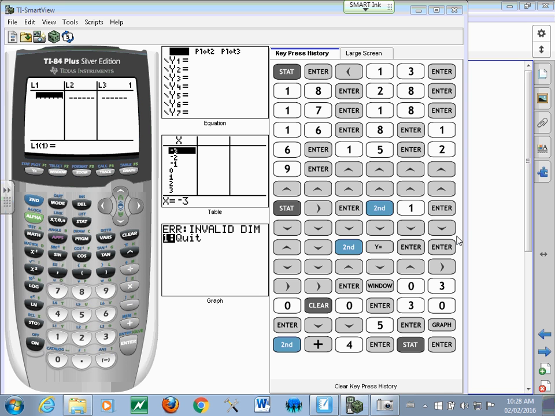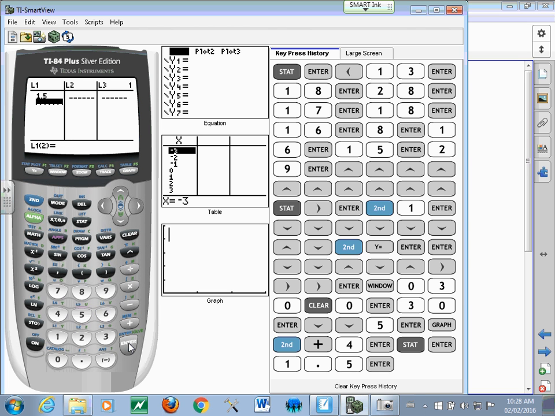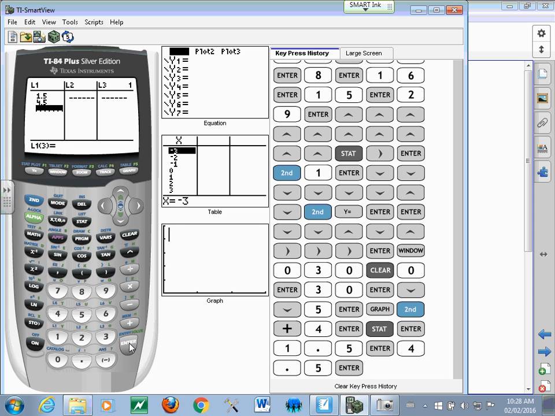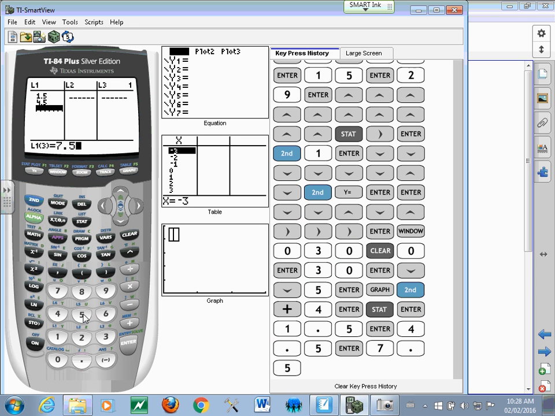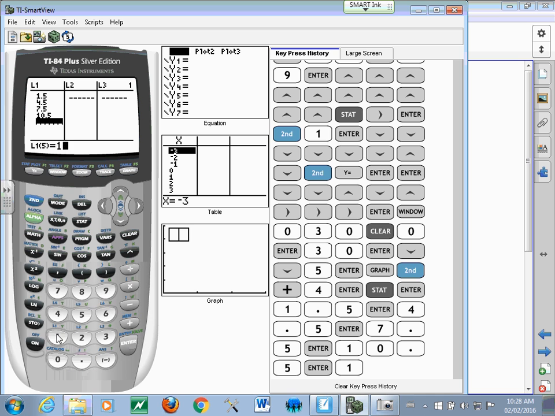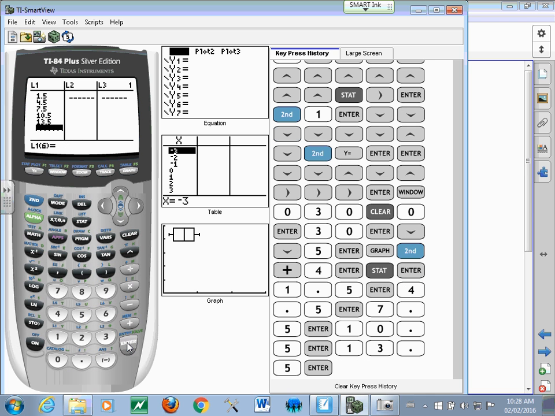All right, so where were we? We were going to enter our midpoints in L1 and our frequency in L2. Going with the graph we have, I'm going to go 1.5, enter, 4.5, enter, 7.5, enter. You're going to do this in class, guys, to make sure you've got it, because you're going to use this on your assessment. Guaranteed you'll have at least one of these questions.